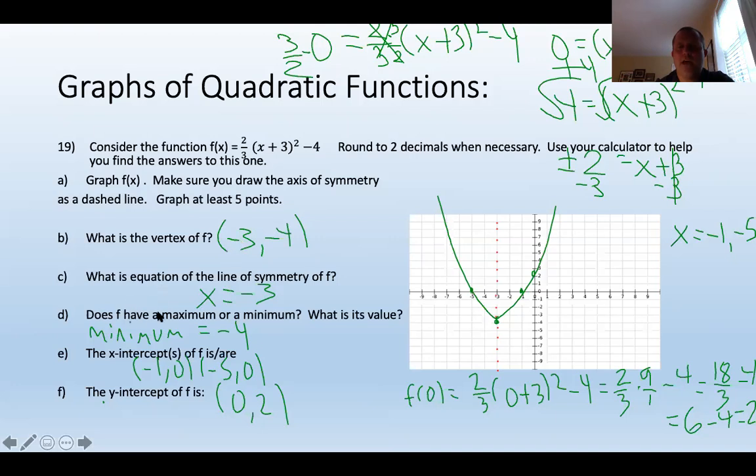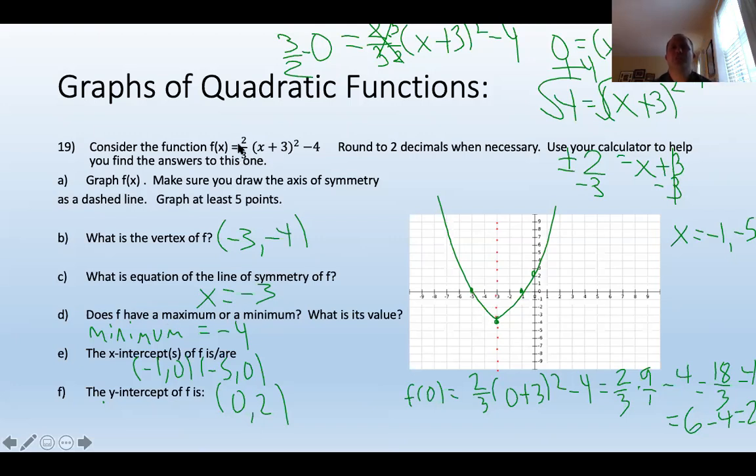Does the function have a maximum or minimum, and what is its value? Well, the maximum or minimum is the y-coordinate of the vertex, and the y-coordinate of the vertex is -4. Now, the way to determine if the function has a maximum or minimum is you go by the sign of the leading coefficient.